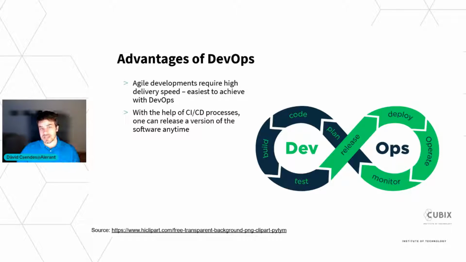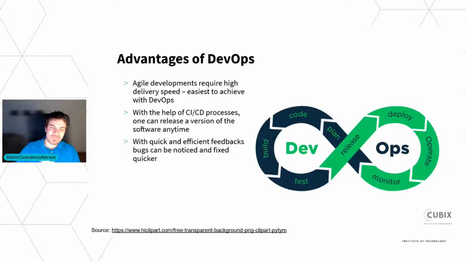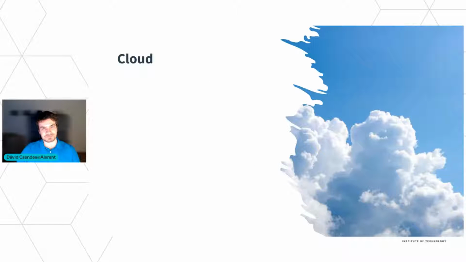When we use CI/CD processes, then we can release any version of the software at any time, and it should work if we did everything correctly. And because one of the key elements here is feedback, because we have strong and quick feedback, it is easier to notice and fix bugs than in other methodologies.